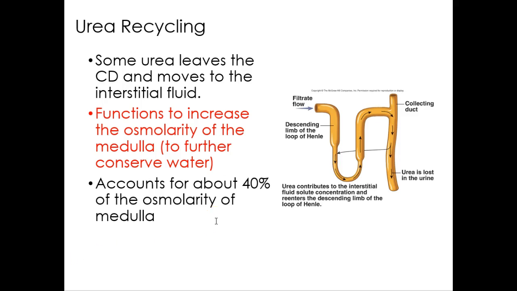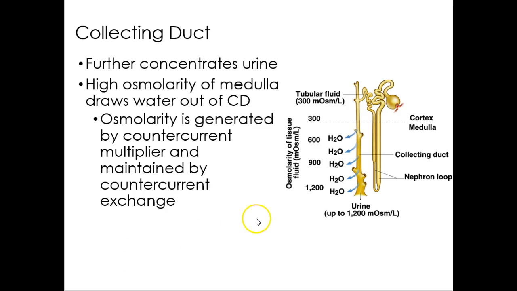So we have the loop of Henle, and anything that still makes it out of the loop of Henle is going to eventually become our waste products, and we're going to push things out that direction. The countercurrent exchange, like we talked about, is going to suck out a lot of water.